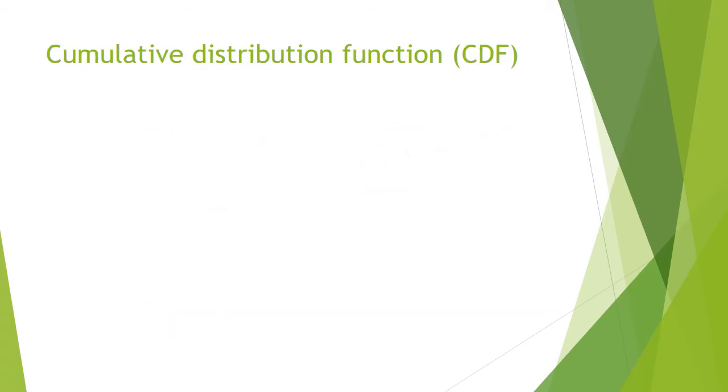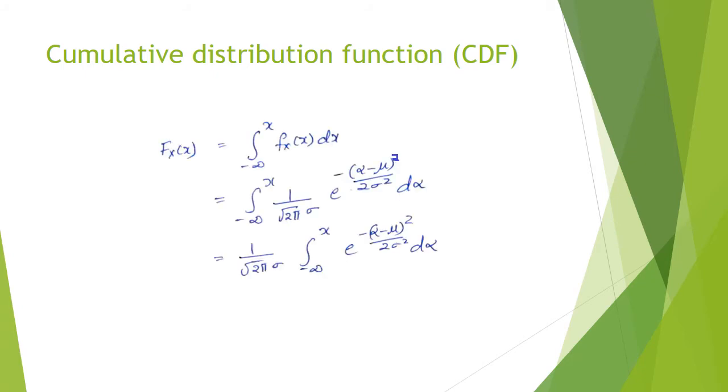So here we will just see how to find the cumulative distribution function and thereby solve the problems. We know that the cumulative distribution function, capital Fx of x, is the integral from minus infinity to x of small fx of x dx.